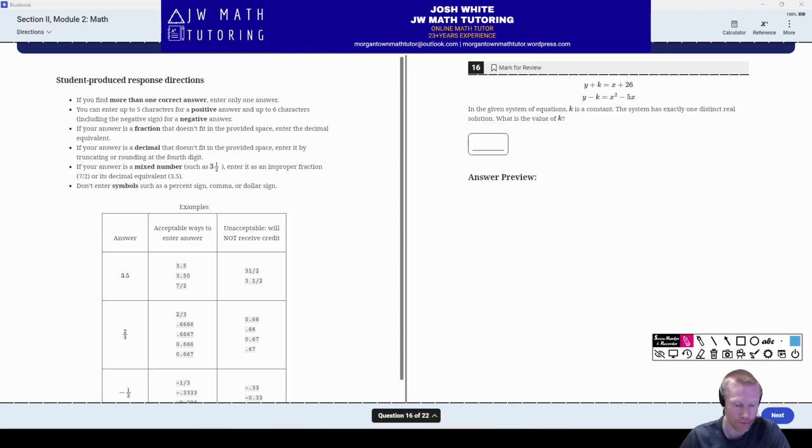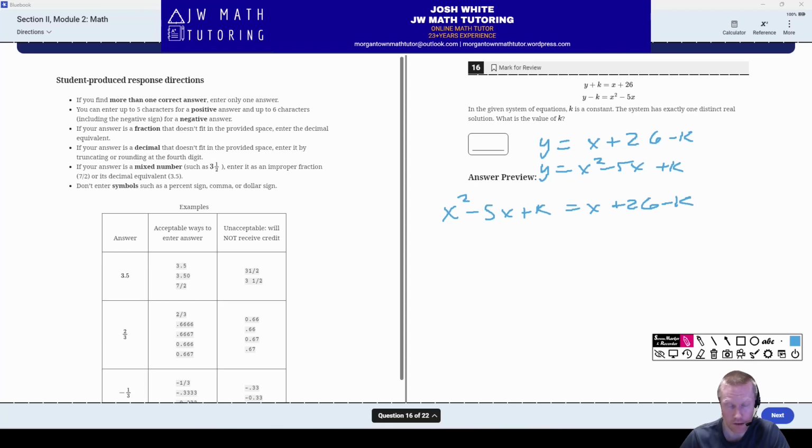All right, so first thing, if you're going to do this by hand, the way that I did it was I went ahead and I got both these equal to y. So I got y equals x plus 26 minus k, y equals x squared minus 5x plus k. Then I set them equal to each other, x squared minus 5x plus k equals x plus 26 minus k.